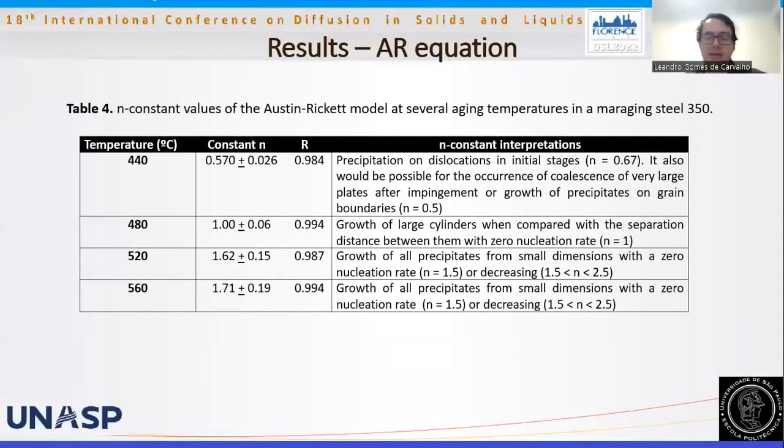Hence, a criterion to define the model most adequate to describe the precipitation kinetics of the maraging steel 350 would be the comparison of the possible interpretations of the values of the n constant of the KJMA and Austin-Rickett models with previous studies on the morphology and microstructural evolution of the precipitates of the maraging steels during aging.